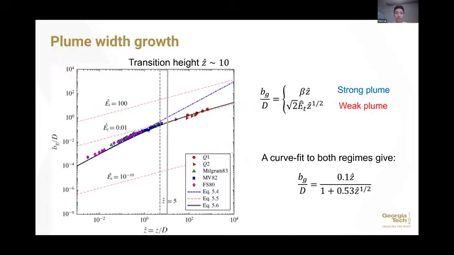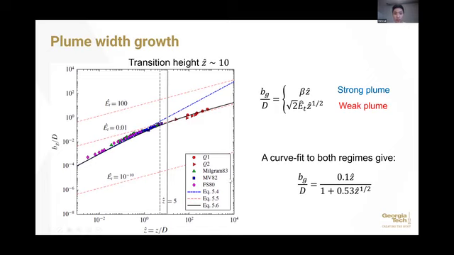So with the data set that we have, and also combining with the published data set we can find for a strong plume, we propose a unified scaling framework to bridge these strong-weak plume transitions.